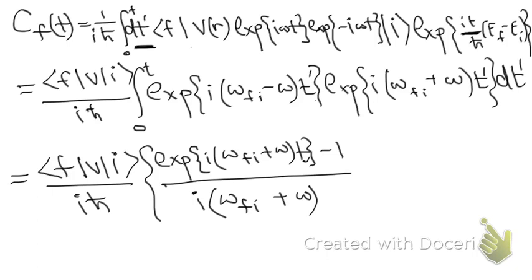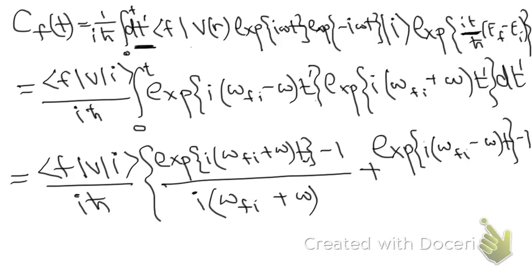This is your first term, and then for the next exponential you have iota omega fi minus omega times t, minus 1, outside the exponential, all over iota omega fi minus omega. Then you have these brackets over here.